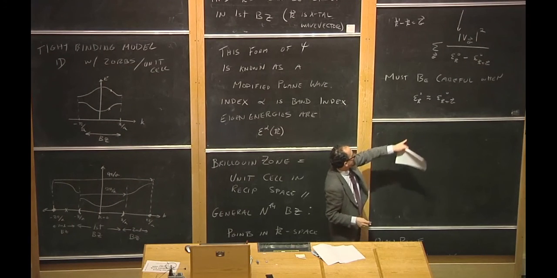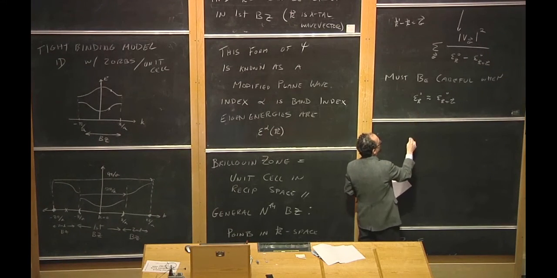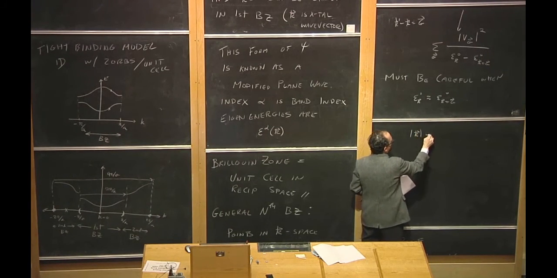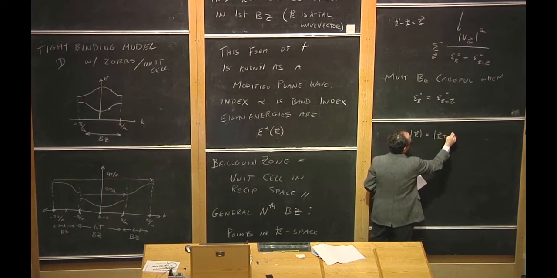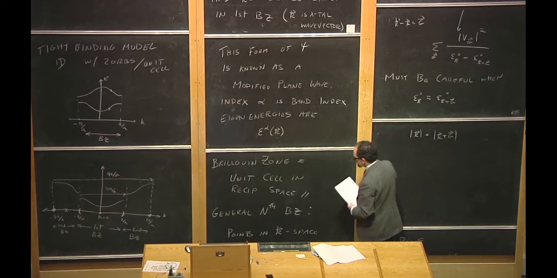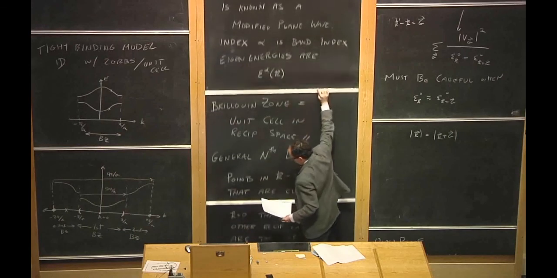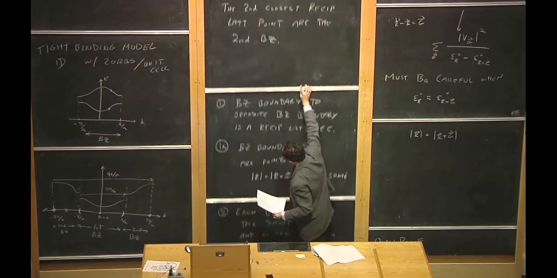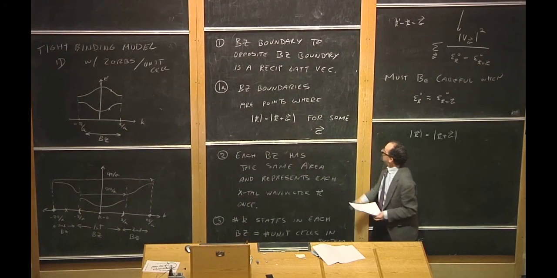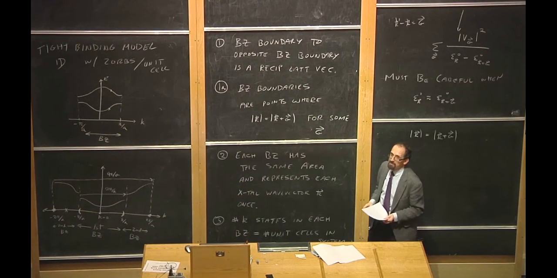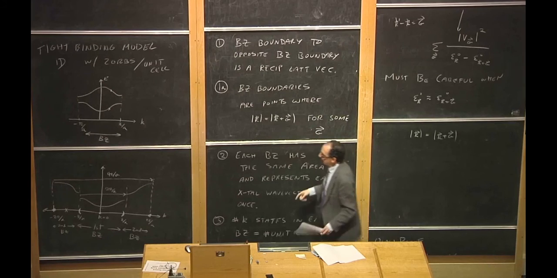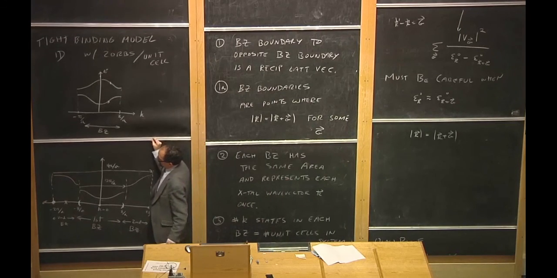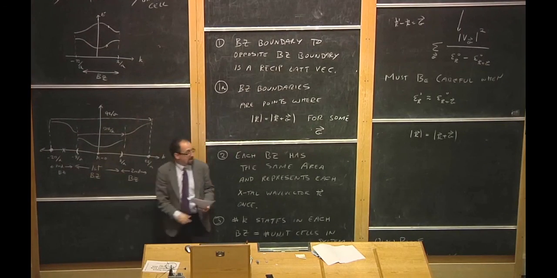Well, E sub k is actually just proportional to k squared, so that will happen when absolute k equals absolute k plus g. Well, where's that? You'll remember somewhere here, there it is. It's the condition for being on a Bragg zone boundary. When you're on a Bragg zone boundary, E sub k and E sub k plus g are actually the same.